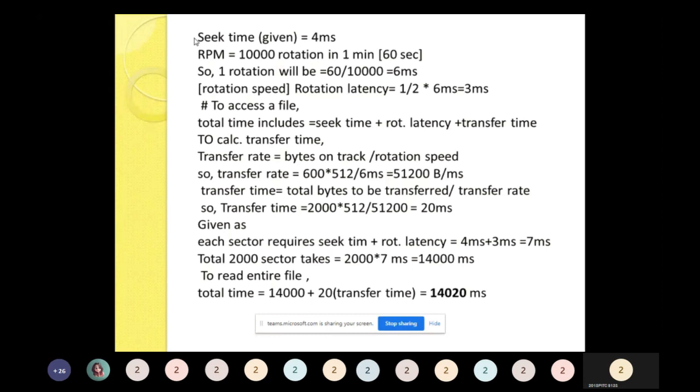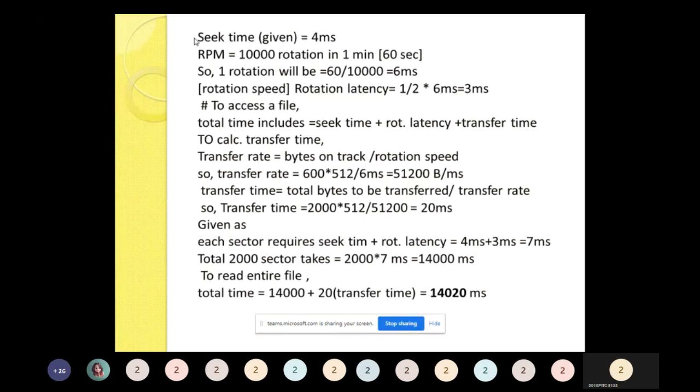RPM values differ for each question, based on the processor and the memory. RPM values start from 5,400 RPM to 10,000 RPM, because each platter rotates only within this range.